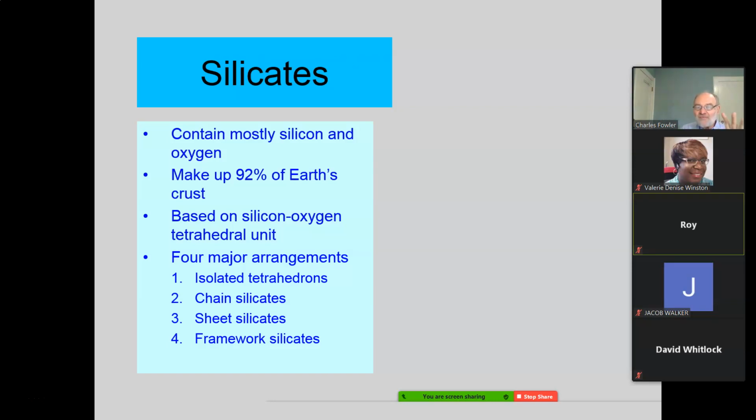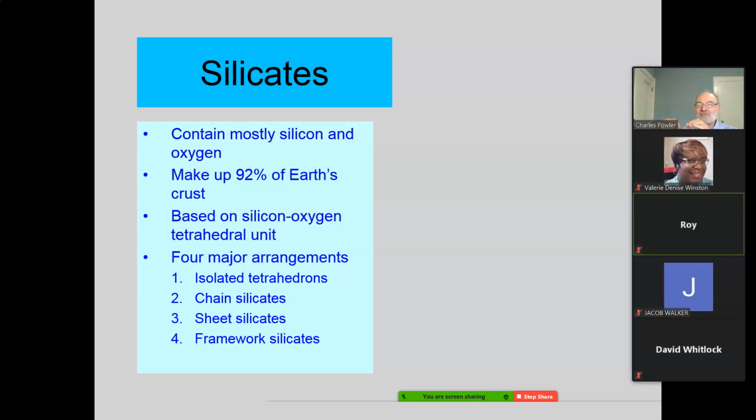Now, there are 4 different arrangements, major arrangements of these things. The isolated tetrahedron, which is 1 silicon and 4 oxygens around it. Those are the ones that have 4 times as much oxygen as there is silicon. These are isolated tetrahedrons. Now that almost sounds like that sand grain that gets in your shoe and irritates like crazy. Okay, very hard. That should be your sandpaper type thing.